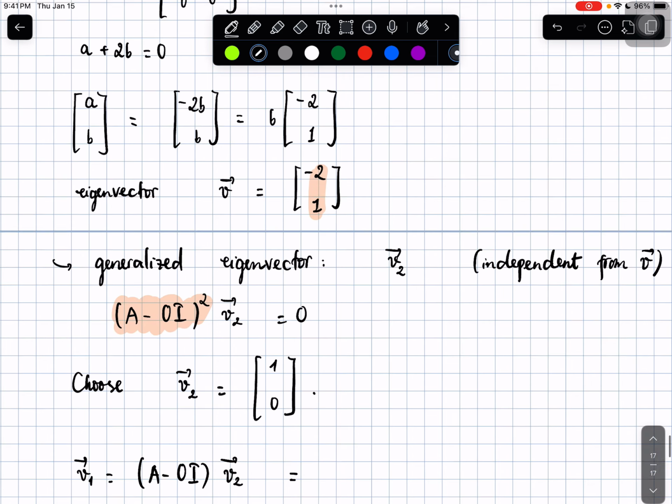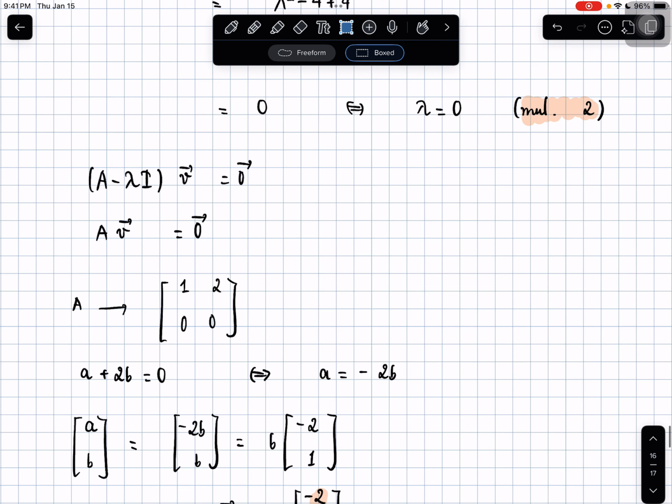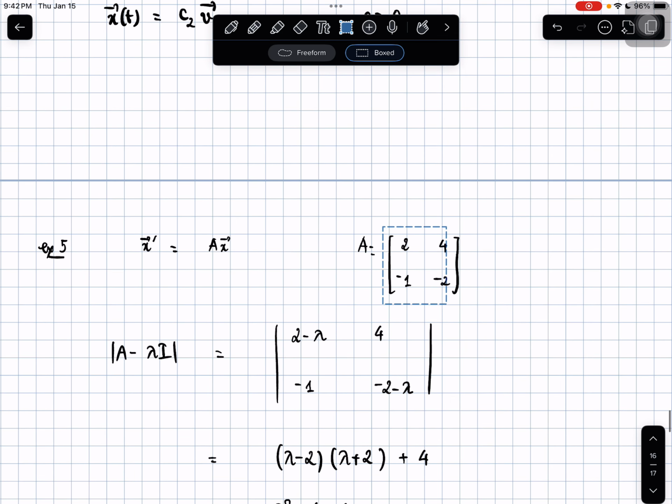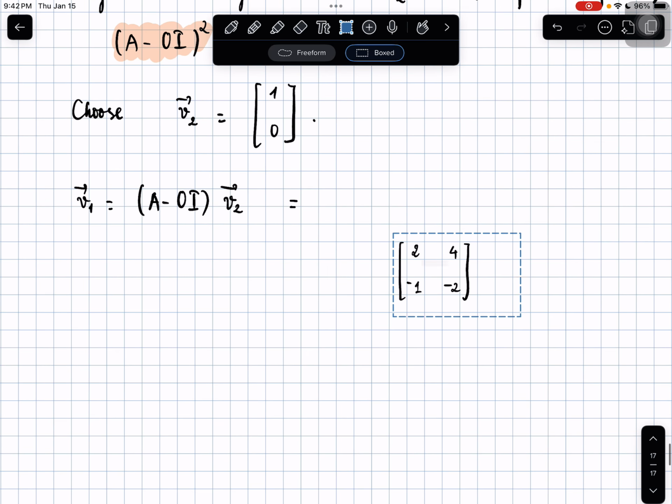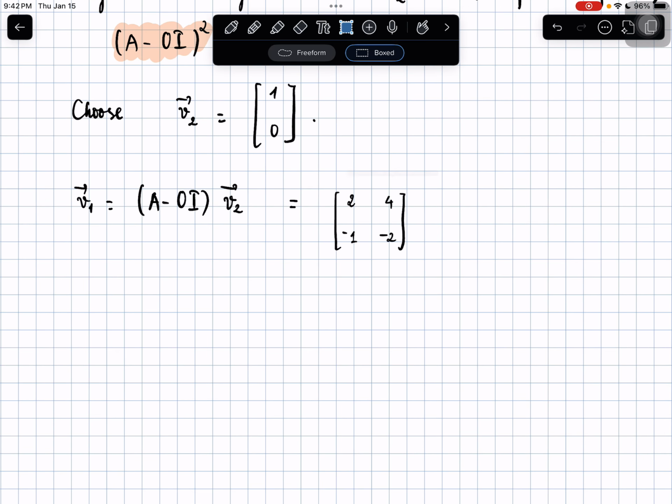A is this matrix, so this itself times v2, 1, 0. This is the first column, 2, minus 1. We have v1, we have v2.